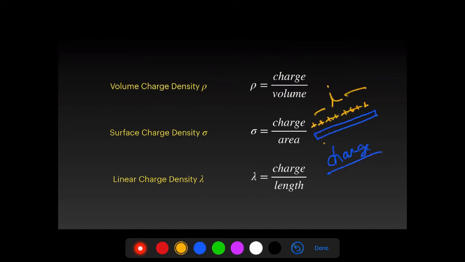So here we are considering three types of densities: volume charge density, surface charge density, and linear charge density.